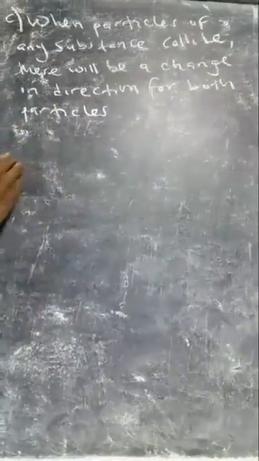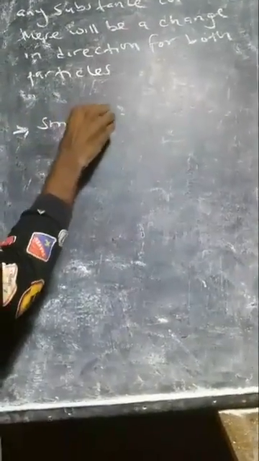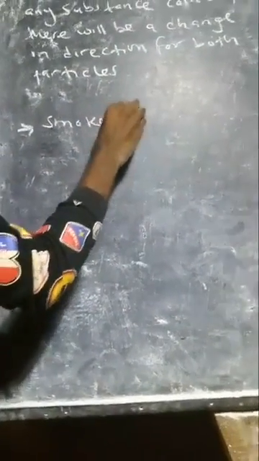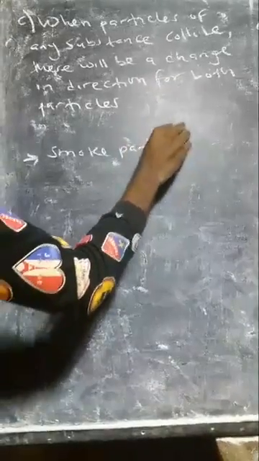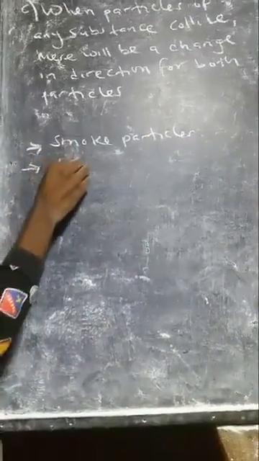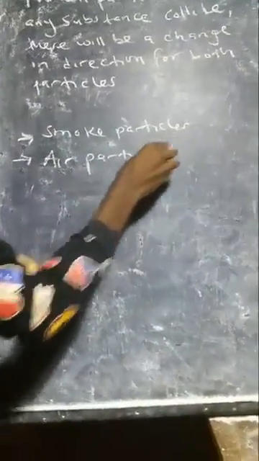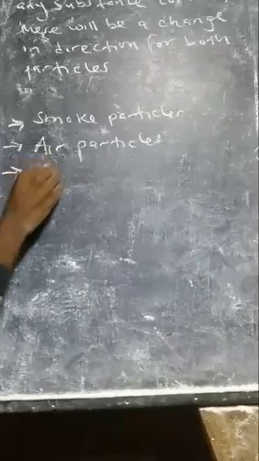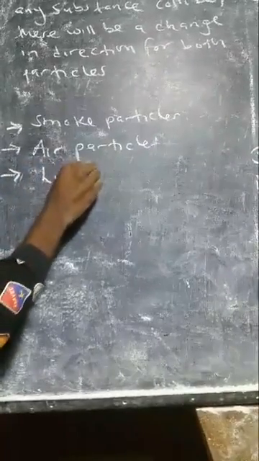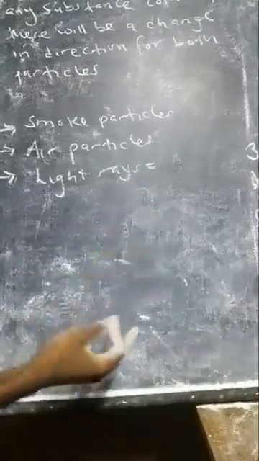So in terms of this one, we had smoke particles in the smoke cell, which collided with air particles. And light was our witness, of course. Light rays were our witness, in inverted commas.